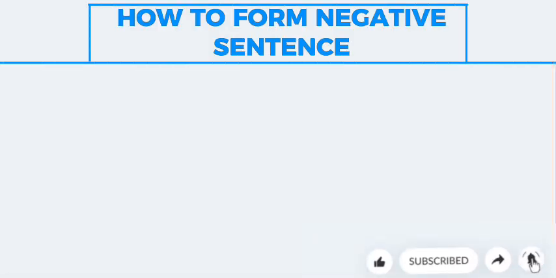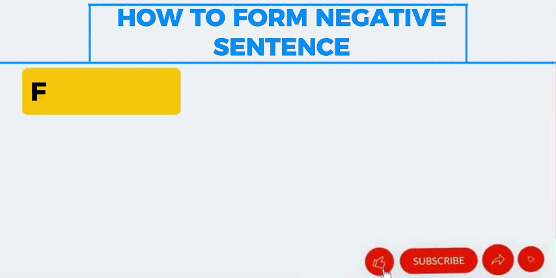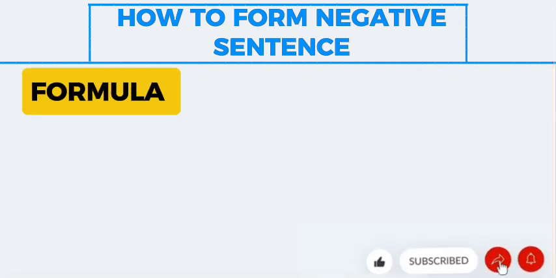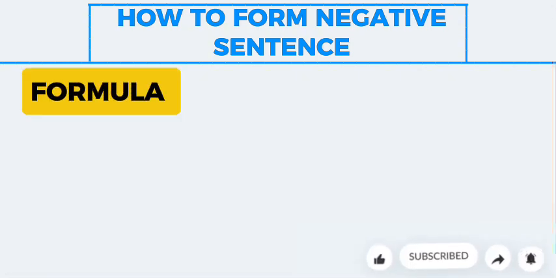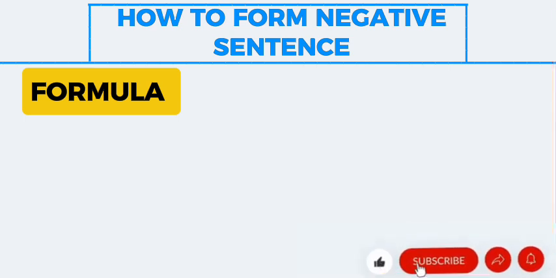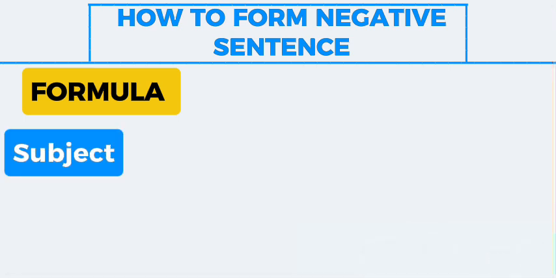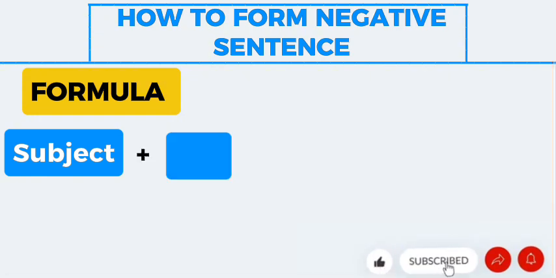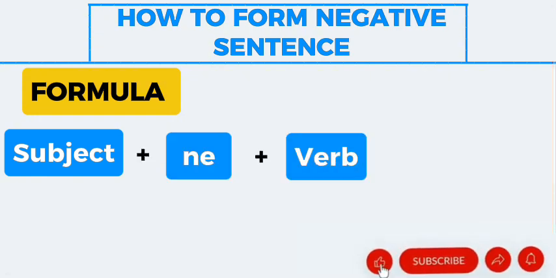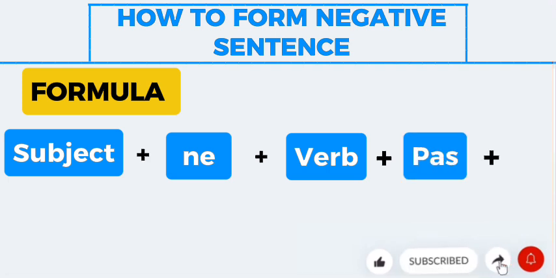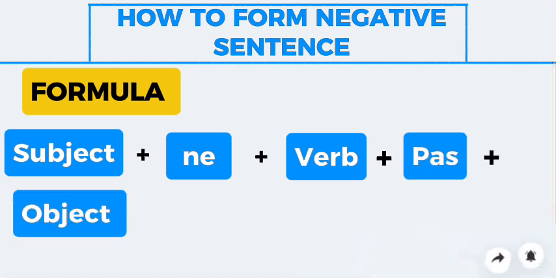Alright people, let's take a look at the formula to use when constructing a standard negative sentence. And the standard formula is: subject plus ne plus verb plus pas and then plus the object.